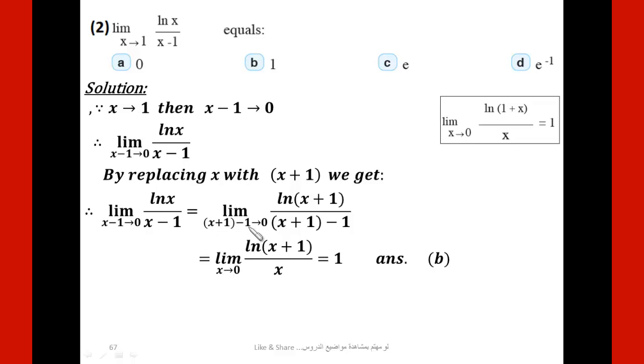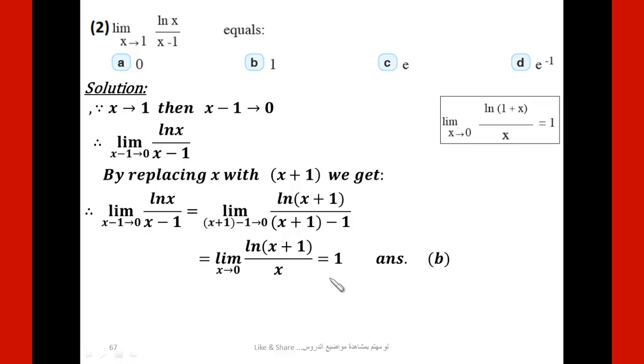So instead of this, we will write x tends to 0. Ln x plus 1 over x plus 1 minus 1, which equals x. But the rule is limit ln 1 plus x over x when x tends to 0 equals 1. So we write 1.